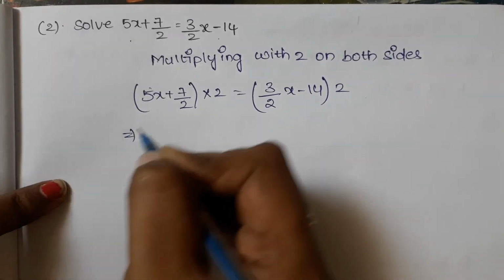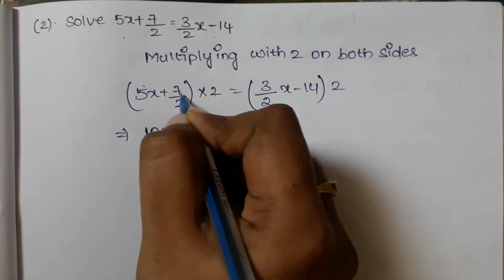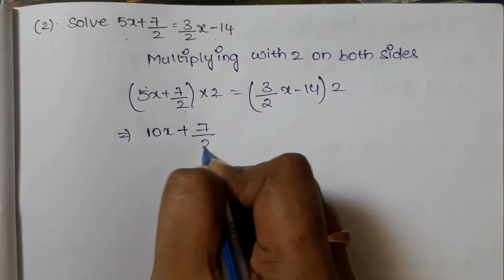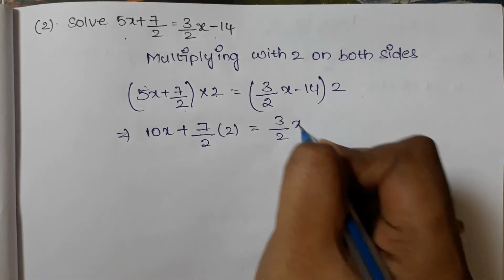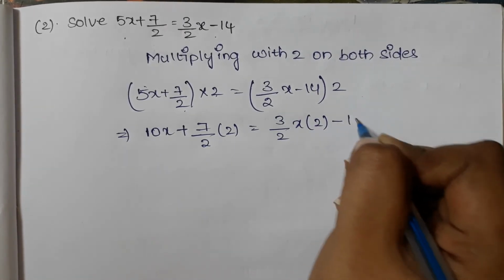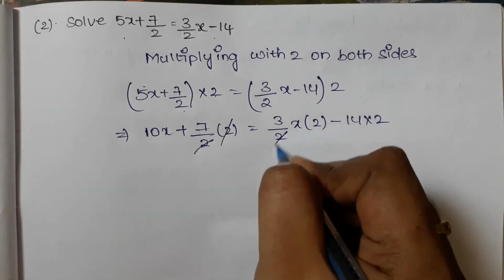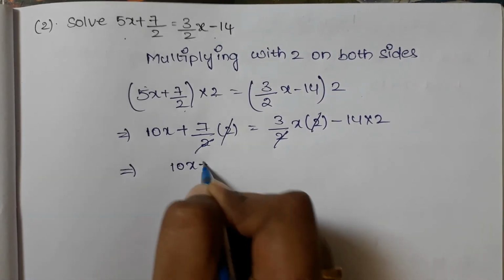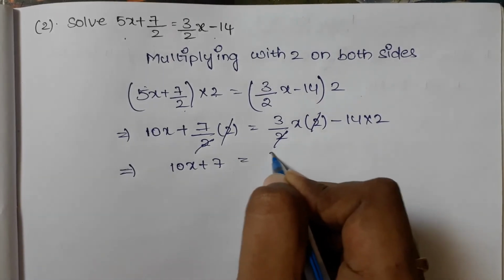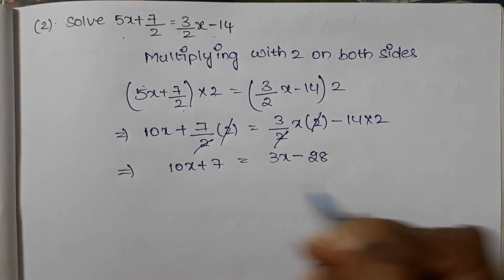Now here 2 into 5x is 10x, plus 7 by 2 into 2, equals 3 by 2 x into 2 minus 14 into 2. Here the 2s get cancelled, and here also, and now 10x plus 7 equals 3x minus 14 into 2, that is 28.